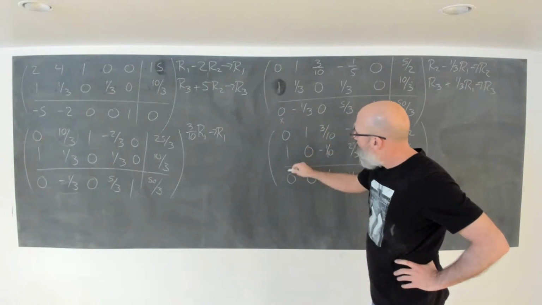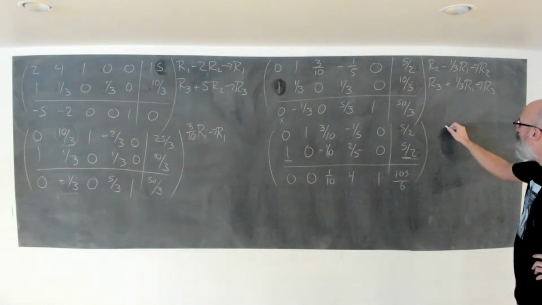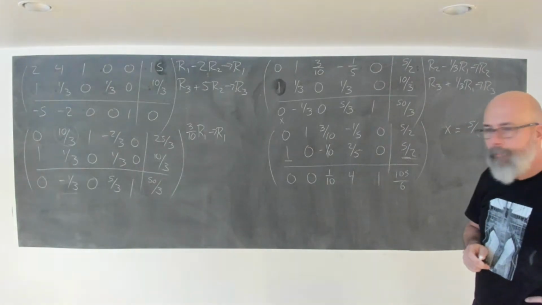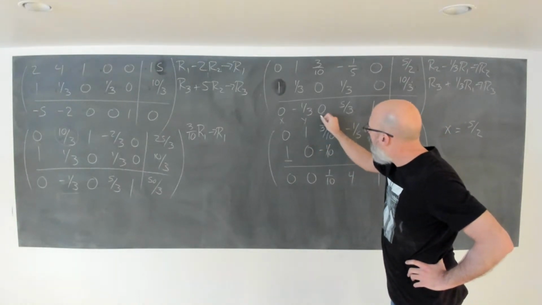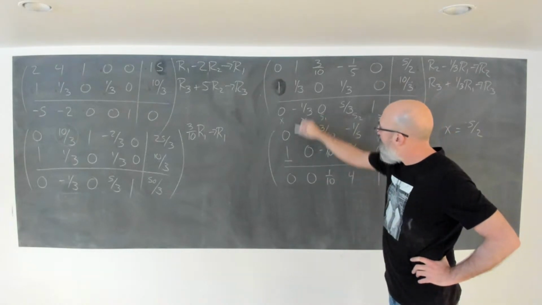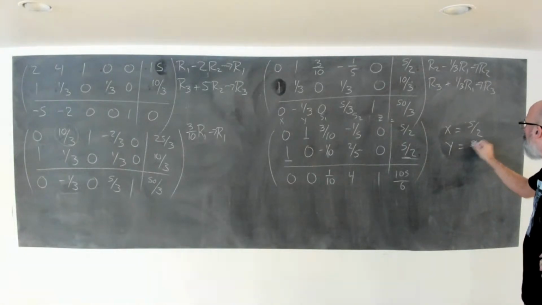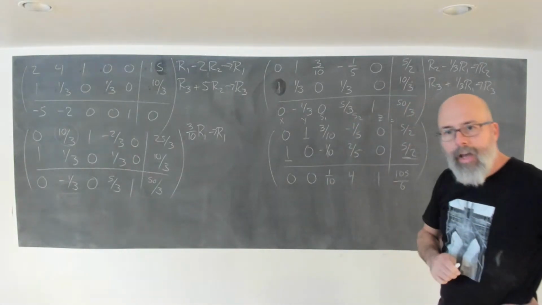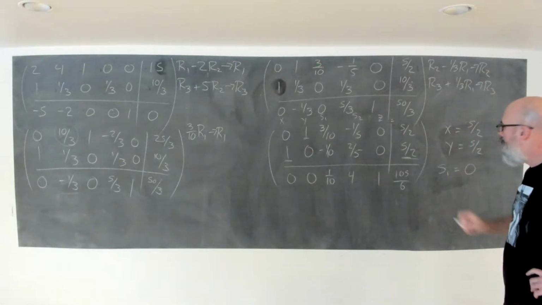X has a leading 1. X is 5/2. Remember this X, Y, S1, S2, Z. Y has a leading 1. Y is 5/2. S1 does not have a leading 1. S1 is 0, right?